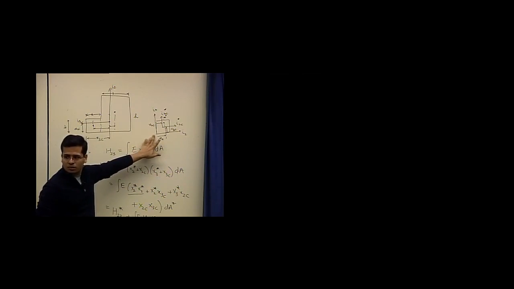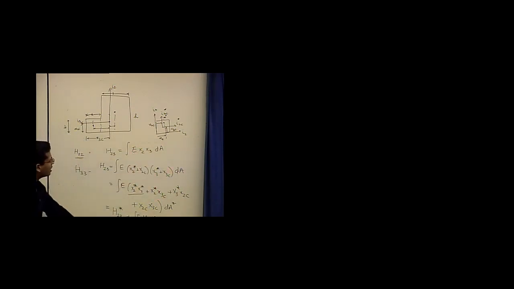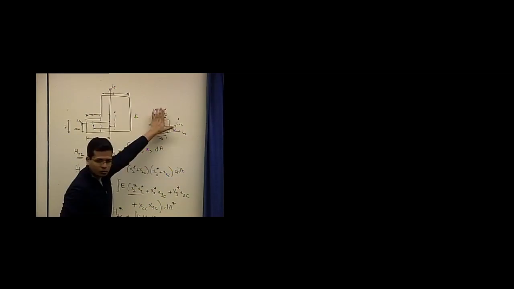And H23 star is with the original coordinates? H23 star is from some point you are trying to bring the H23. What you are calculating is H23 in this frame. So you first calculate in the centroidal frame, and then you bring it back to this reference frame. So H23 star is about the centroidal frame.